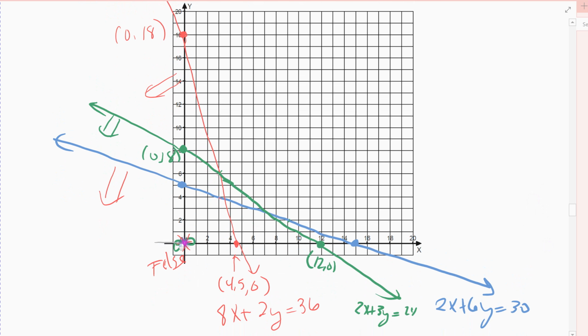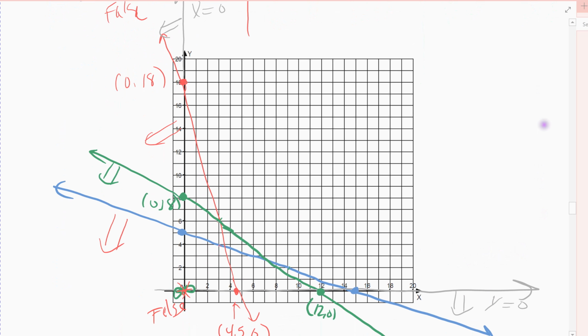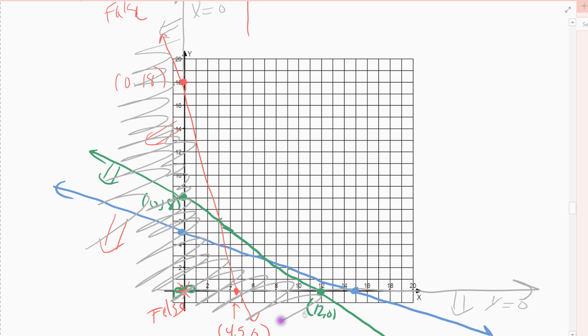Remember, my x-axis is a line, the line y equals 0, and I've got to shade above that. And I've also got the y-axis as a line, x equals 0, and I've got to shade to the right of that. I only want positive numbers. And so I'm shading everything to the left and below my lines.